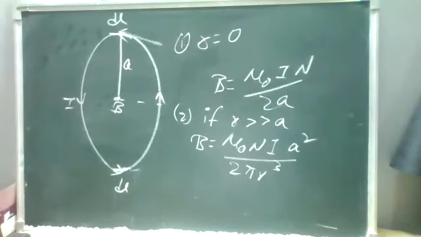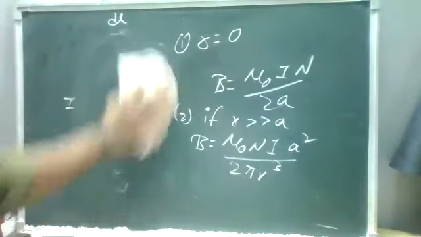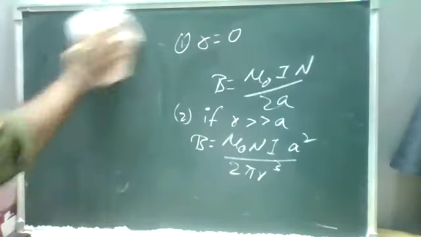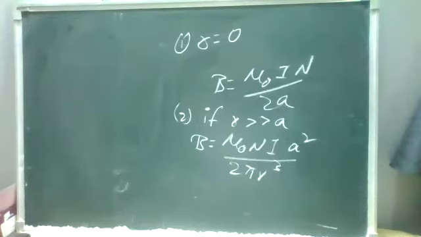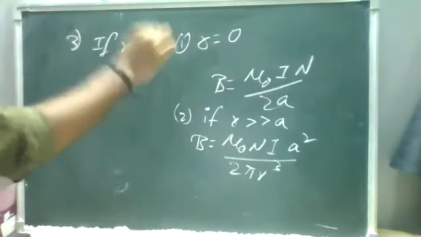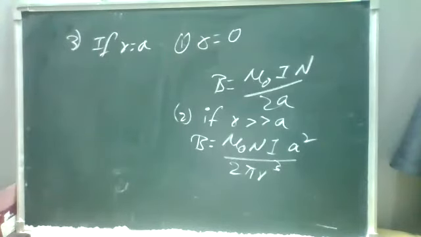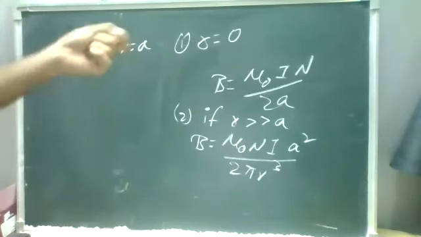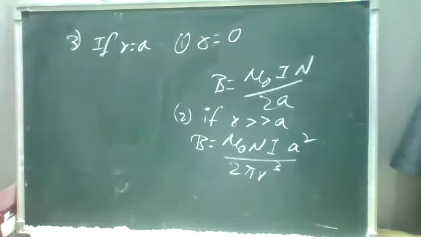So it is your second case. Third case, if r is equal to a, the radius and the distance are the same. That means I need to find the magnetic field on the circular path itself, on the conductor itself.